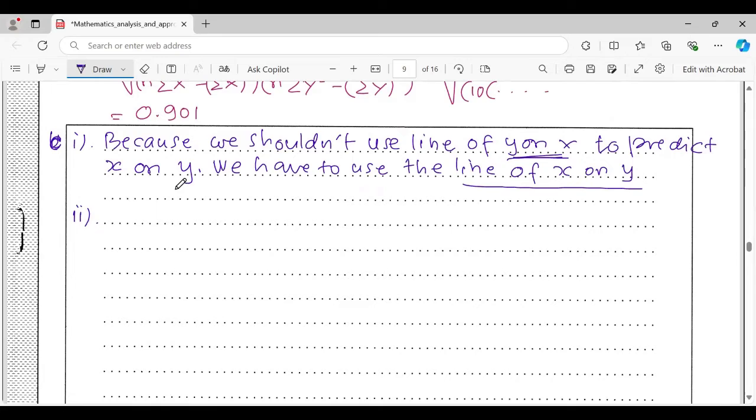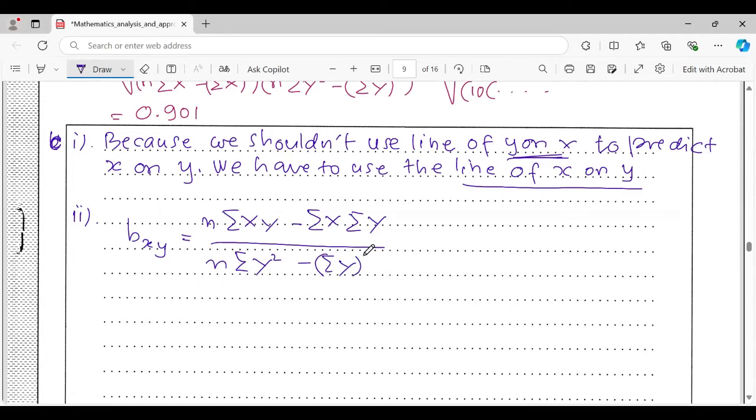The appropriate method, I will use this formula, bxy, it equals n times sigma xy minus sigma x times sigma y over n times sigma y squared minus sigma y squared.